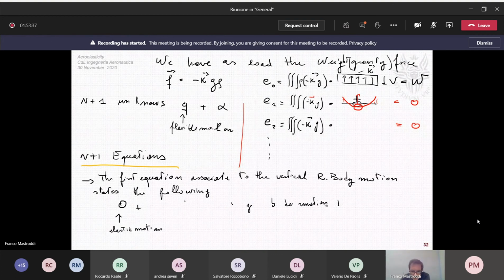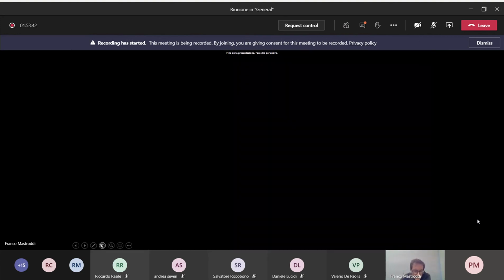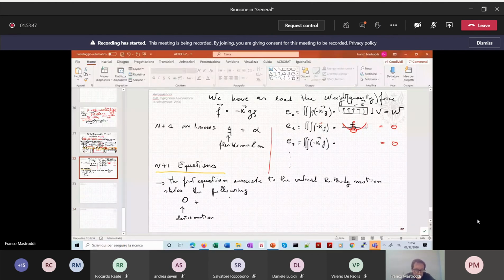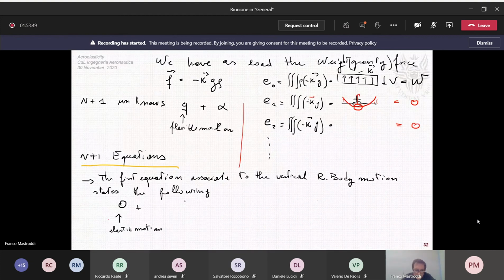You have to consider the second contribution here, which is something like E0 first Q1 plus E0 second Q2 plus E0 third Q3 plus ..., the elastic contribution to the lift, to the first equation.